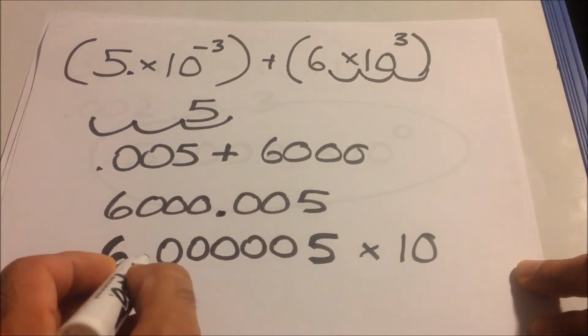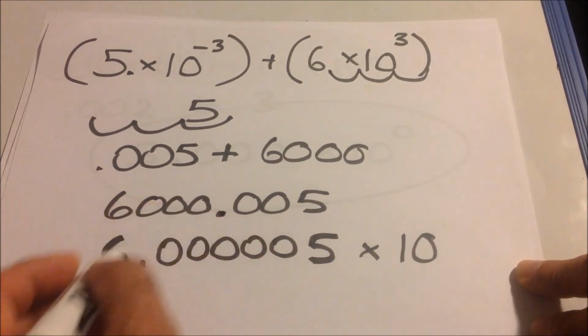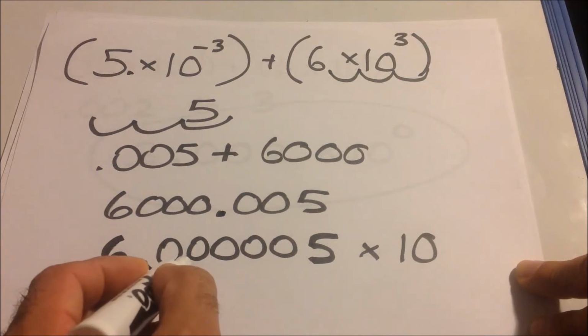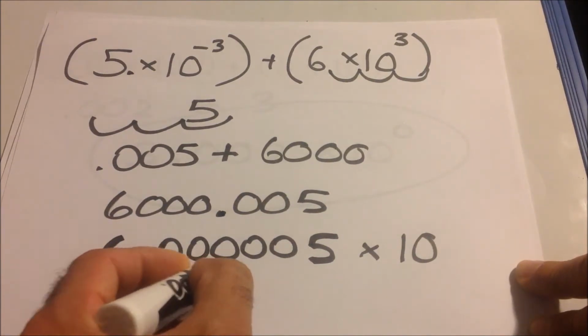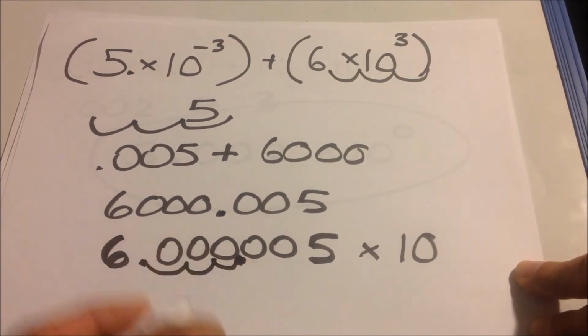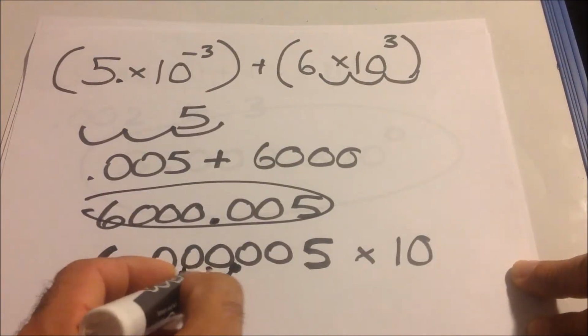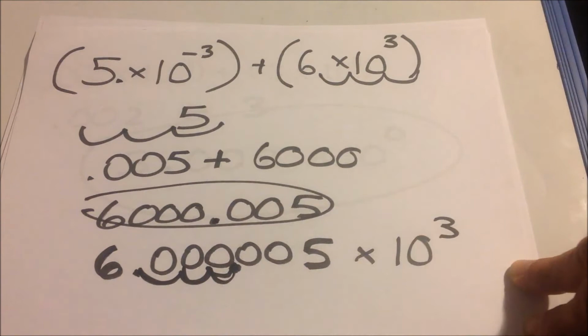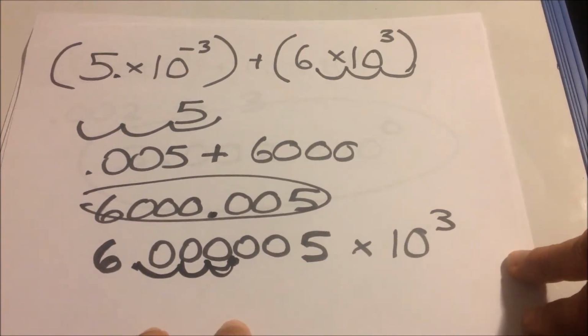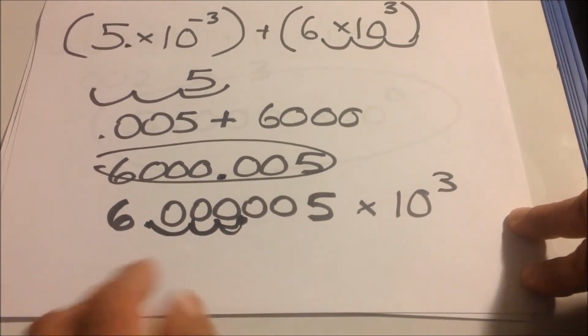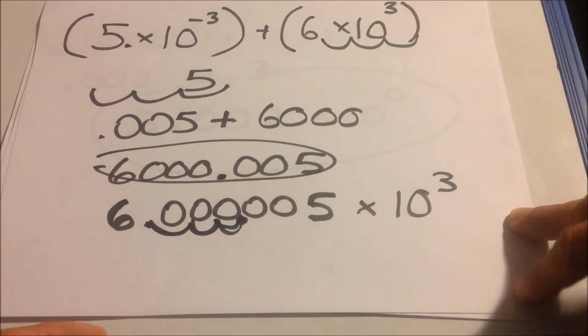Since the decimal is here, we want to go back to there. So 1, 2, 3 times, and we get the same answer. So it would be 10 to the 3rd power. Let me write that again so you understand it.